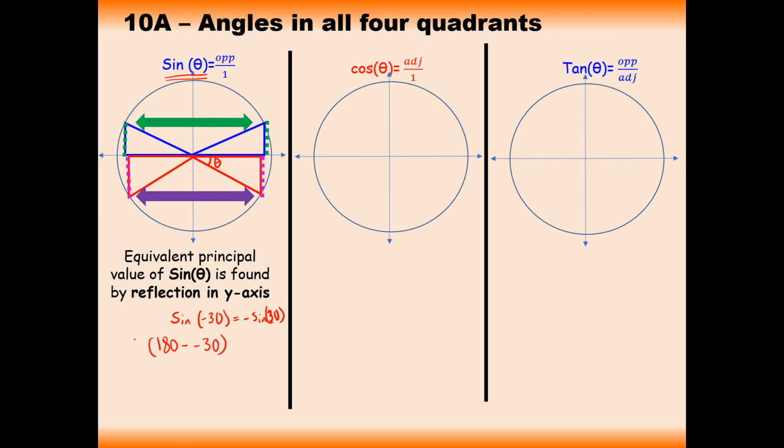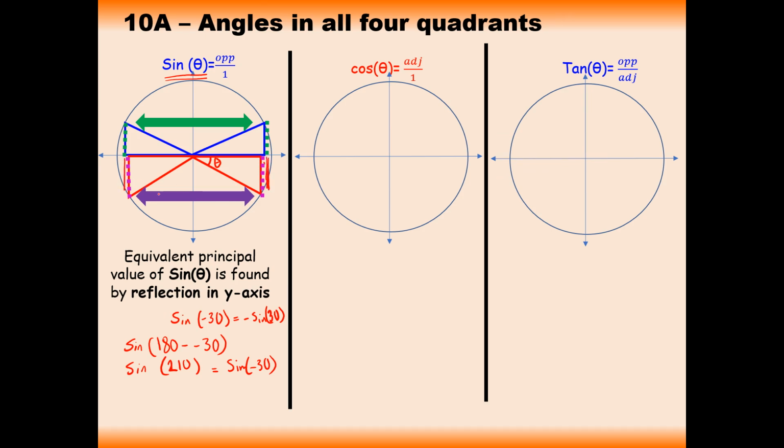Alright, so what's 180 minus negative 30? That's 180 plus 30, which makes 210. So I'm saying these have the same value. If you evaluate this, it is the same as sine of negative 30.